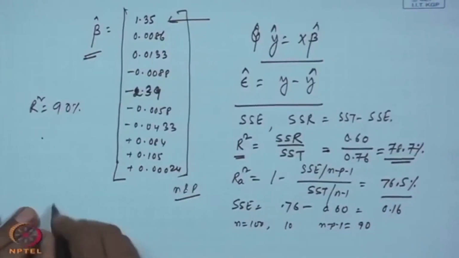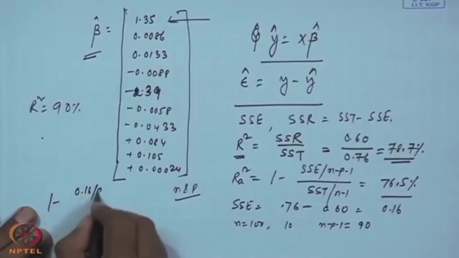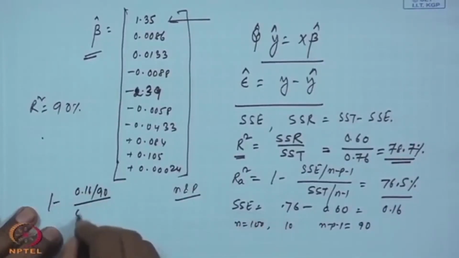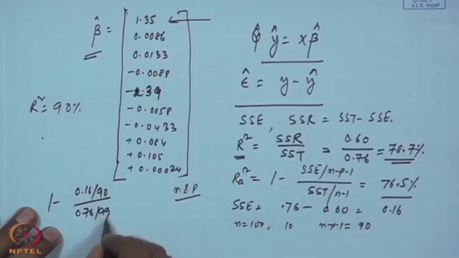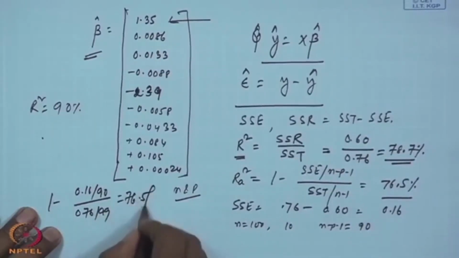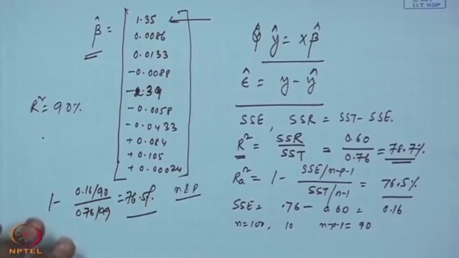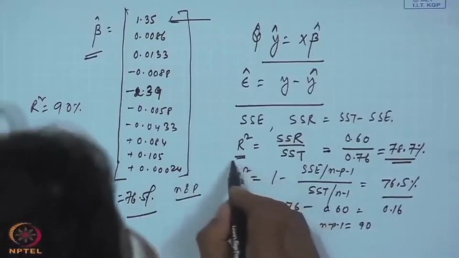So, 1 minus 0.16 by 90 divided by 0.76 by N minus 1, which is 99, is giving you 76.5% variability of backlash explained. Getting me?